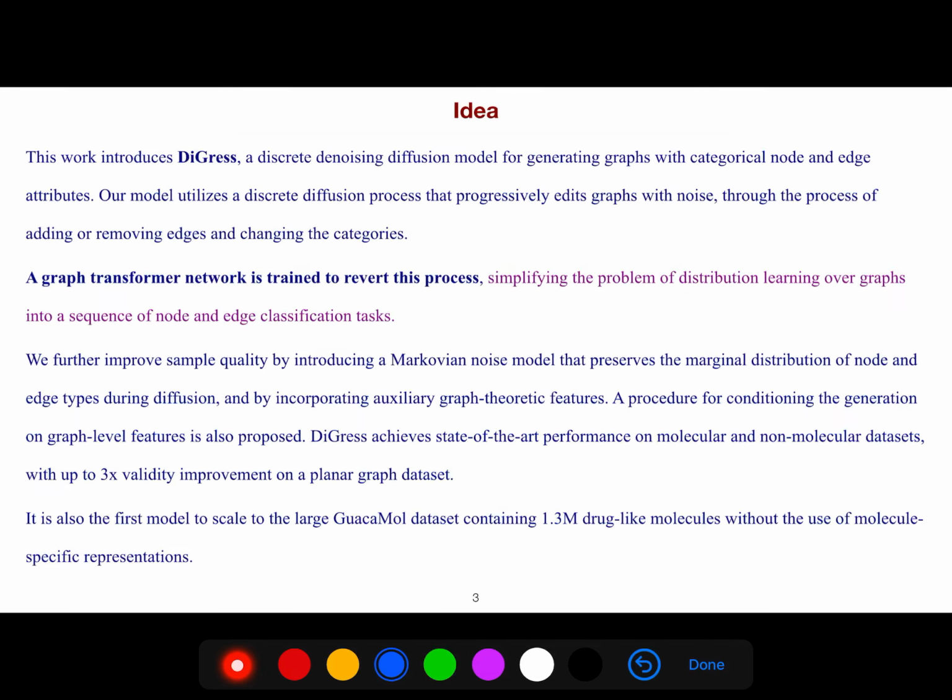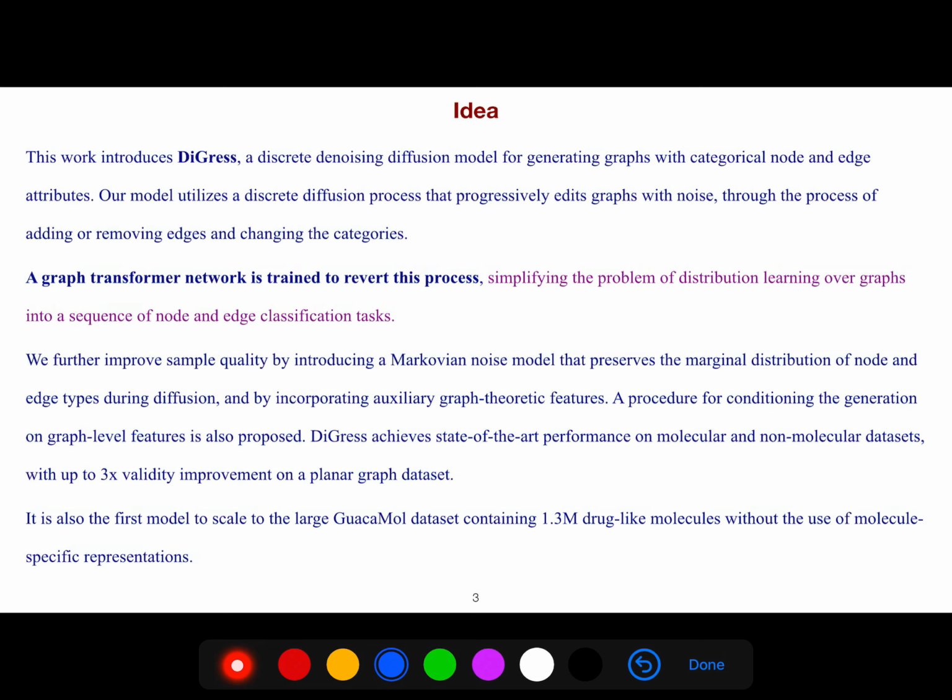And this paper introduces DiGress. And they use graph transformer for their denoising model. And they improve sample quality by introducing Markovian noise model that preserves the marginal distribution of node and edge types during diffusion, and by incorporating auxiliary graph theoretic features and a procedure for conditioning on graph level features is also developed.